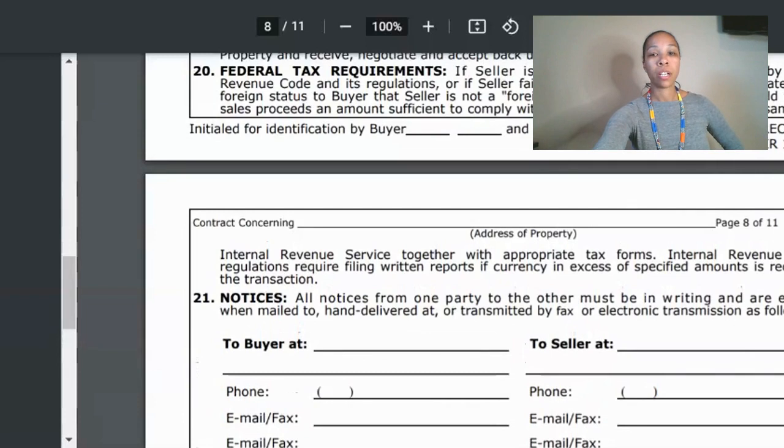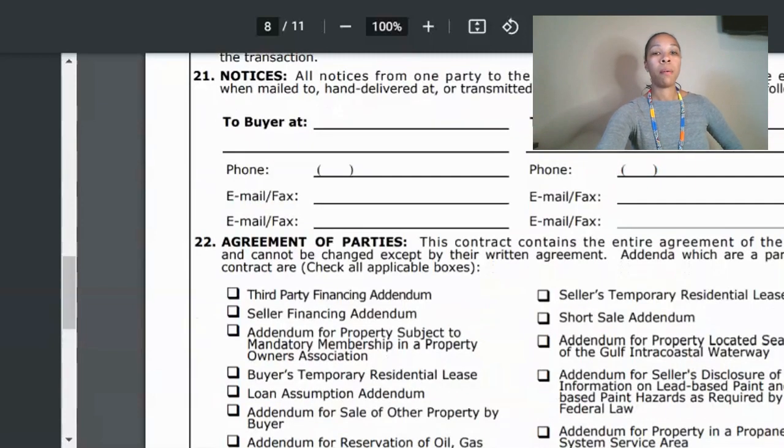And then it talks about the notices. We try to protect your privacy as much as possible, but we will list your phone number, email, or fax. If it's a special situation, we will get guidance, celebrity status, person who needs their identity protected, that sort of thing.